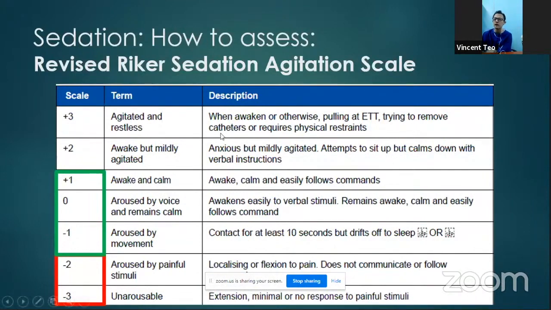So basically, the best aim would be when the patient is awake and calm for light sedation. However, if there are certain conditions, especially in COVID patients, when they are newly intubated, they are in ARDS, you need to control their ventilation, rest their ventilation. You may need to put them in deep sedation and keep them unarousable.